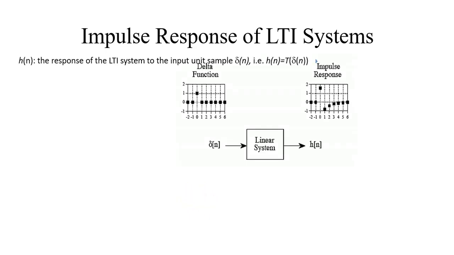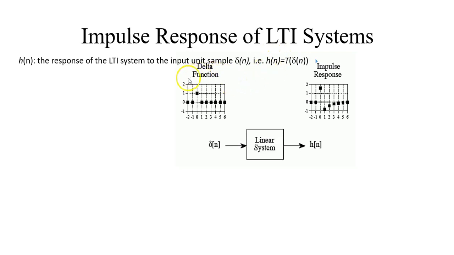What is the impulse response of the LTI systems? The impulse response, as you know, h of n, is the impulse response of the system in the time domain. So the response of the LTI system to the input unit sample delta function, this transformation by the system of the input delta function, we call the impulse response.